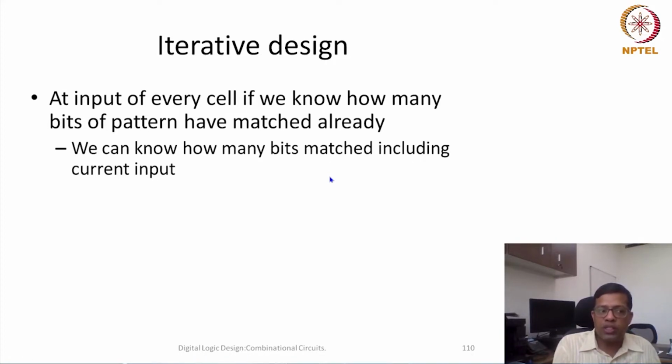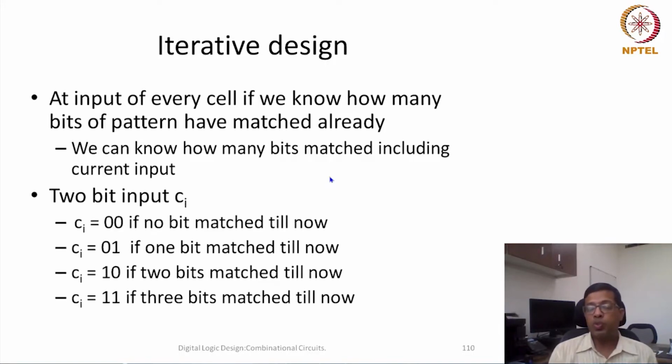We need to keep information only up to that level: no bit matched, first bit matched, 2 bits and 3 bits matched. So if I have these 4 pieces of information which need to be remembered, how many bits would I require to represent this information? Since the total number of pieces of information is 4, the total number of bits I need to remember this information would be 2 bits.